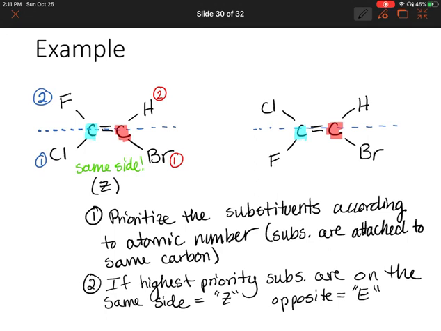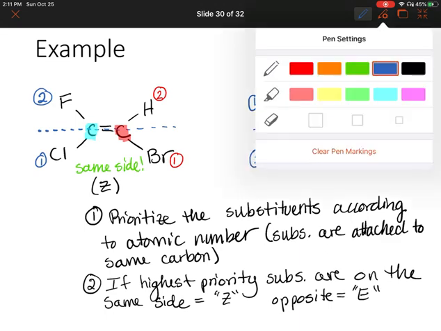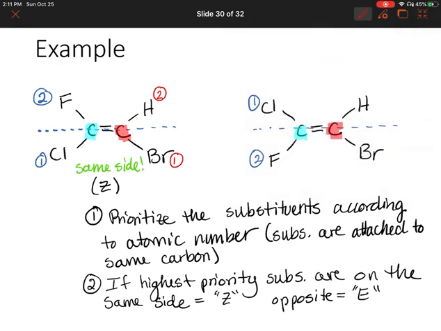Okay, so let's look at our other alkene, and we already prioritized everything, so let's just write that down. Chlorine has higher priority over fluorine because it has a higher atomic number. And then we already said that bromine has higher priority over hydrogen.